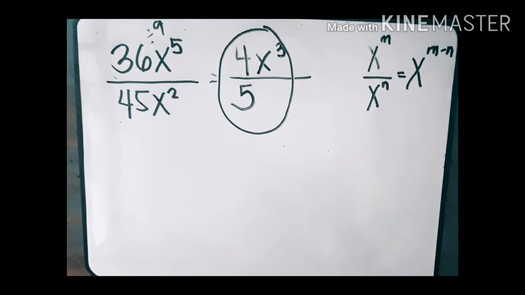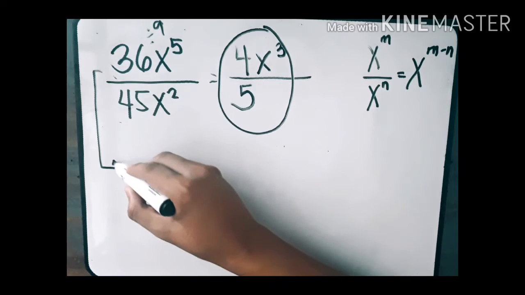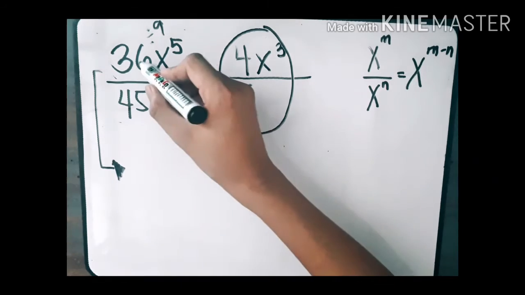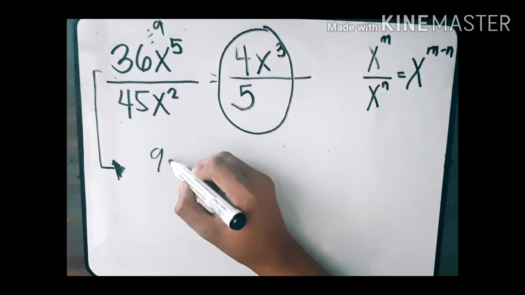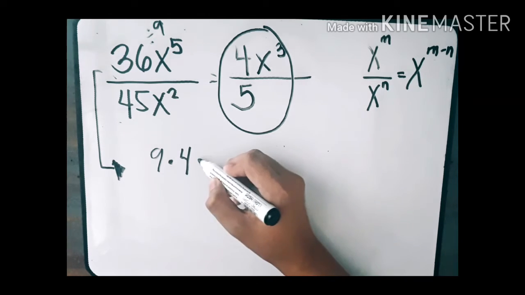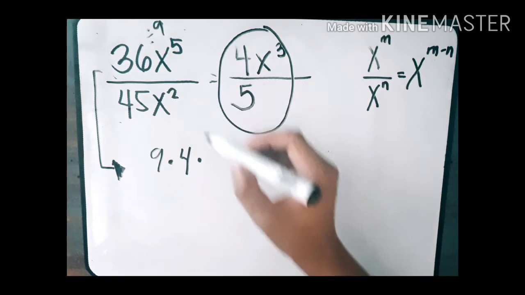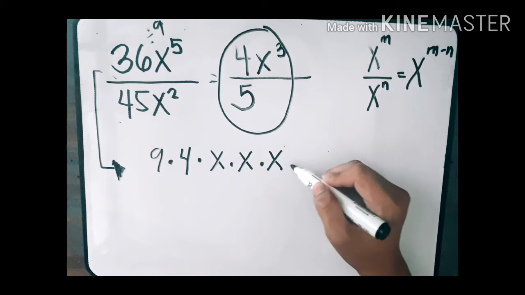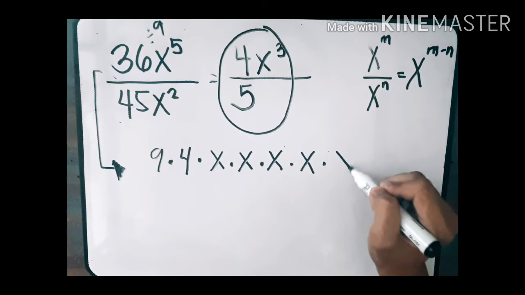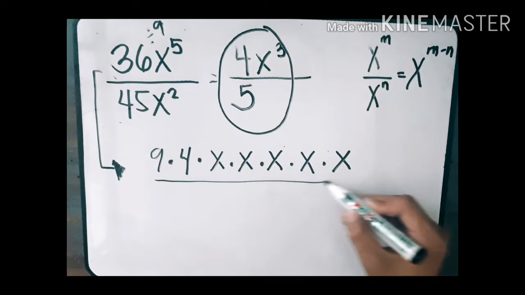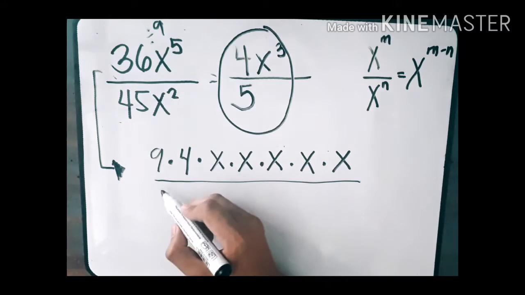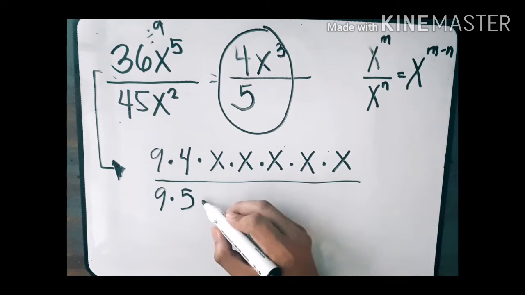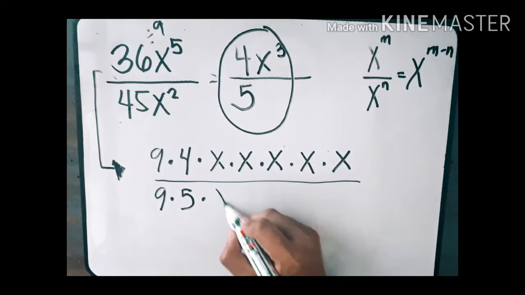Or, yung isang way natin to solve this is if kukunin natin yung greatest common factor nila. So, 36 is 9 multiplied by 4 multiplied by 5x, 1, 2, 3, 4, 5 over, again, 45 is divisible by 9 multiplied by 5 is 45, and then dalawang x.